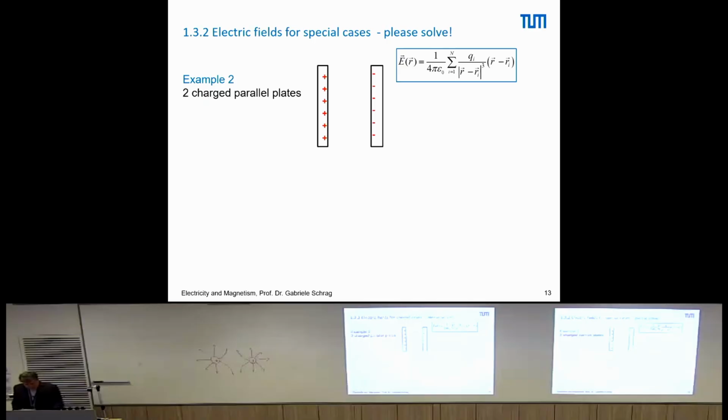And if you have now the two plates, you have a lot of positive charges here, and you have the negative charges here. Then you have just the field lines going this way. What happens here?